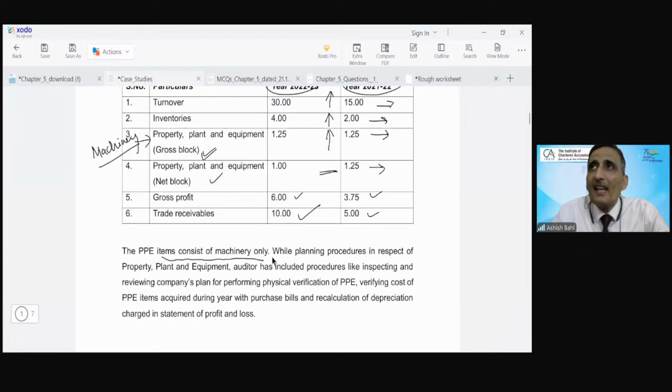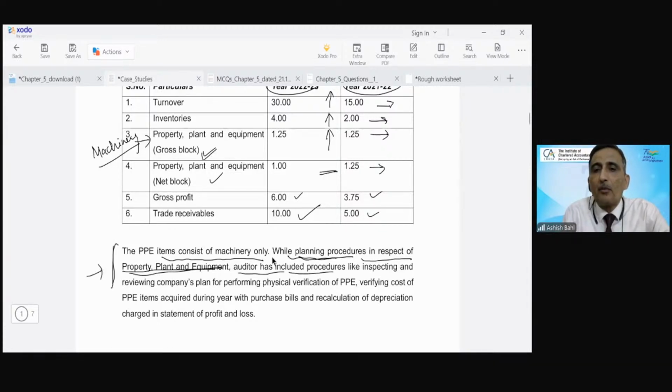It is already given that the building is on rent, so the company doesn't have land or building of its own. So while planning procedures, again it is talking about planning. While planning procedures in respect of PPE, now the auditor is planning procedures in respect of PPE.